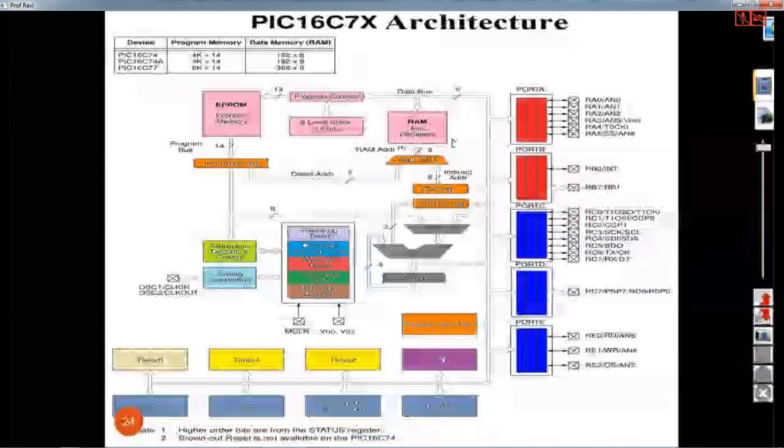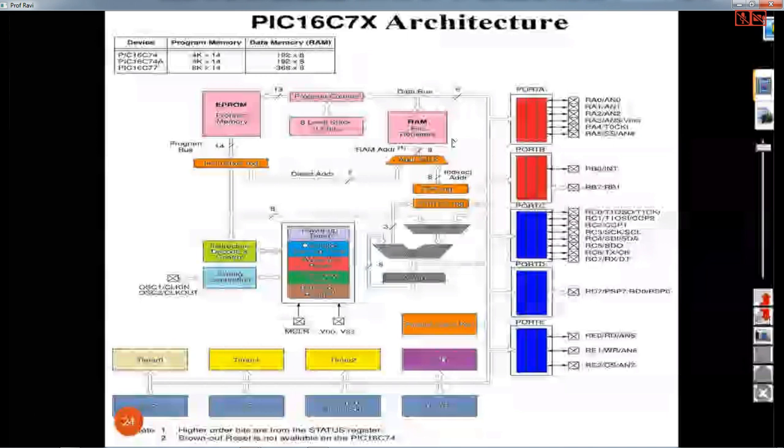Here you have 5 ports: port A, port B, port C, port D, and port E.